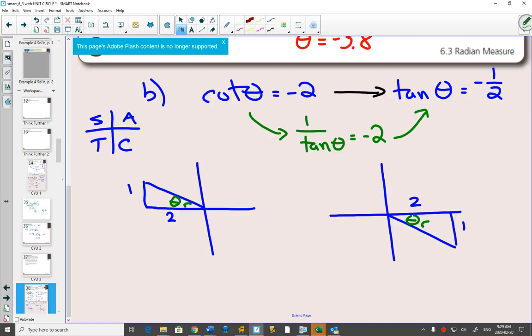Again, in part B, they want us to solve from negative 2 pi to 2 pi. So for positive angles, we're going to want to figure out what this angle theta is and what this angle theta is. In order to do that, we need to find our reference angle. So tan of my reference angle is 1 over 2.